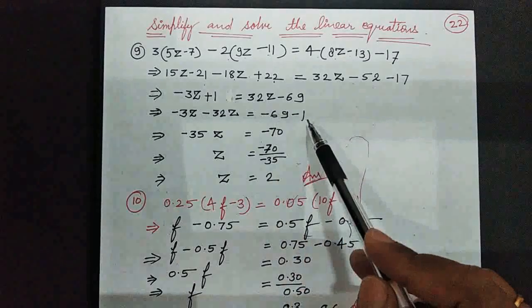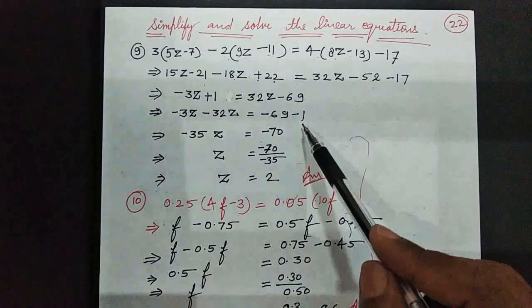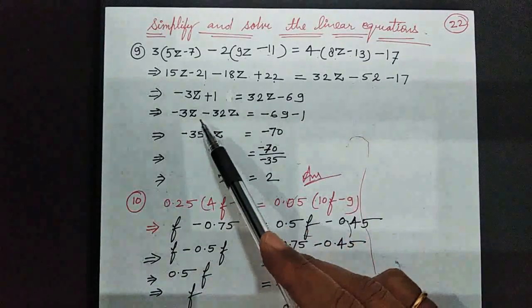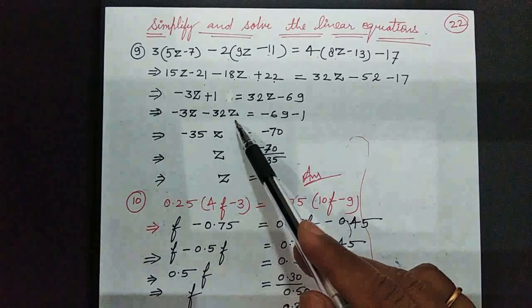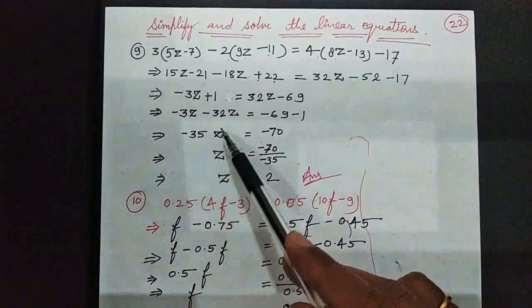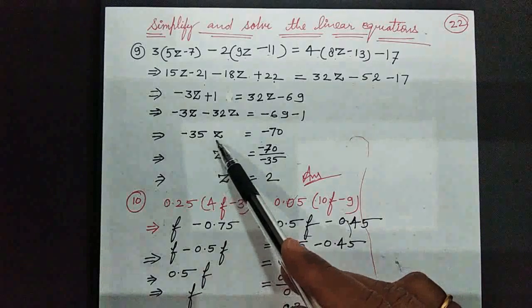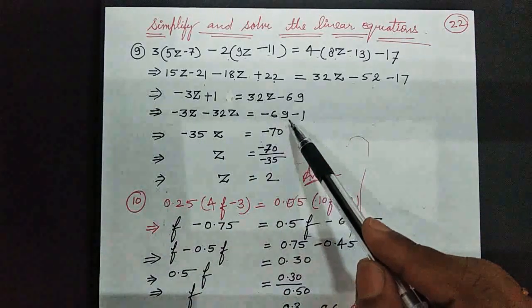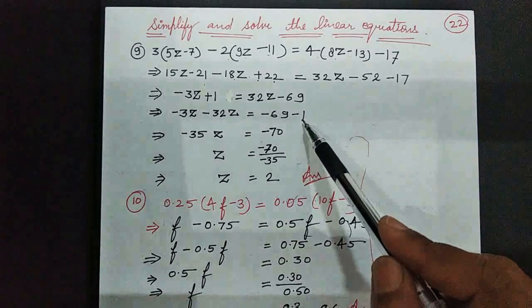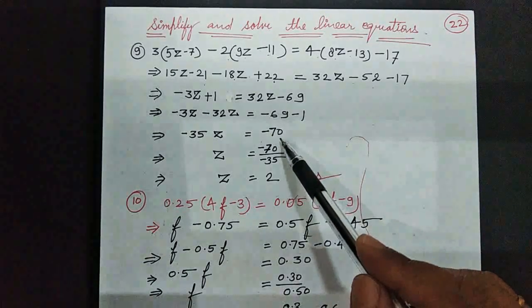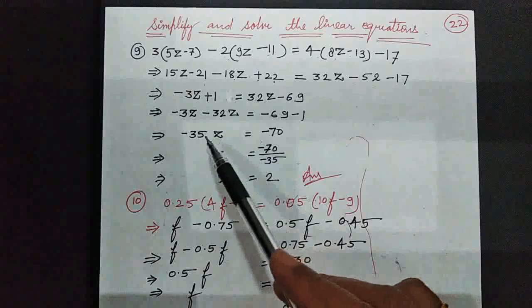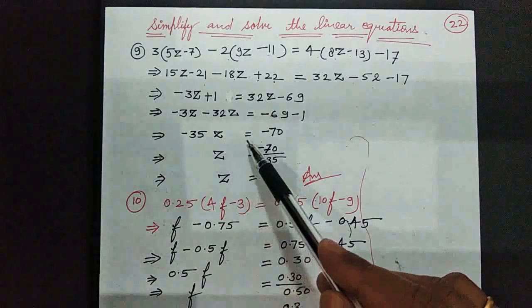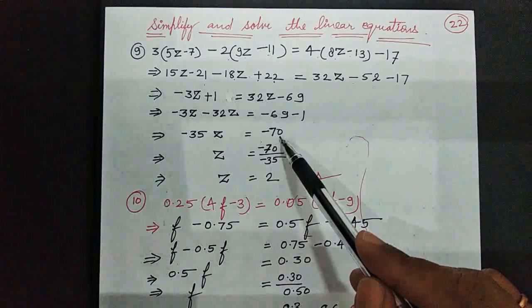So plus 1 will be minus 1, and minus 3z and minus 32z, if we solve, then we get minus 35z. And on the right hand side, if we add minus 69 and minus 1, we get minus 70. Now the equation is minus 35z is equal to minus 70.